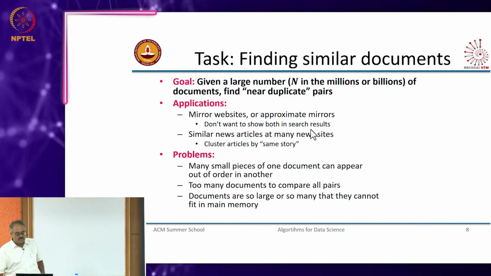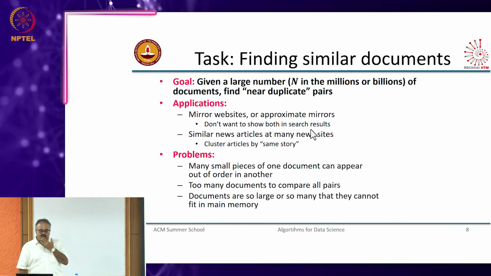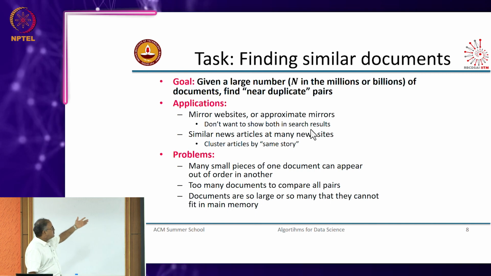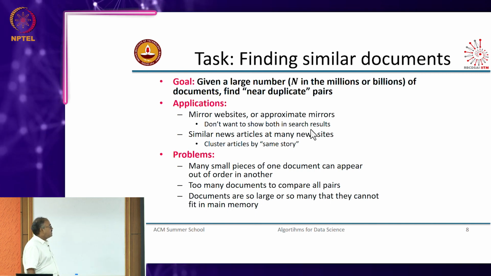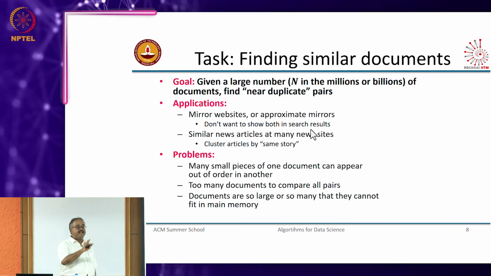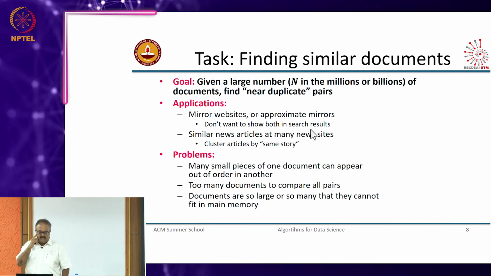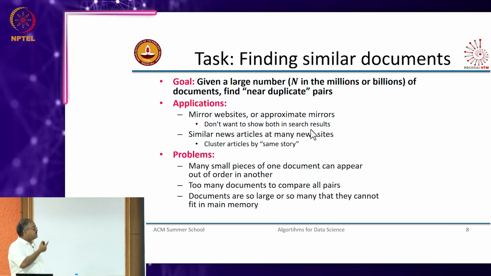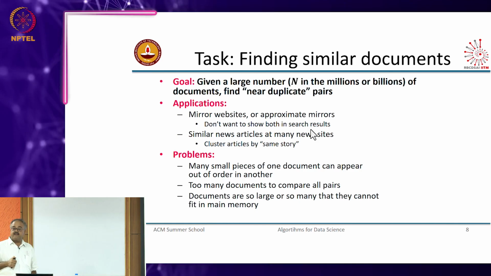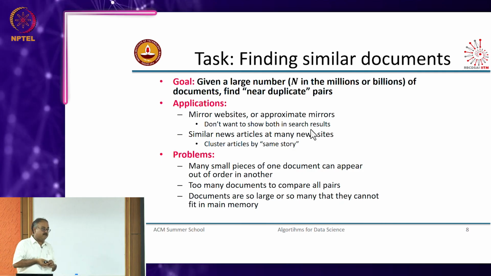So again, getting back, given a large number of documents, where the number of documents can run into millions or billions, I want to find near duplicate pairs. That's basically the idea here. And like we said, I want to detect which websites are actually mirror sites. Sometimes sites could be official mirrors, sometimes they are unofficial mirrors.